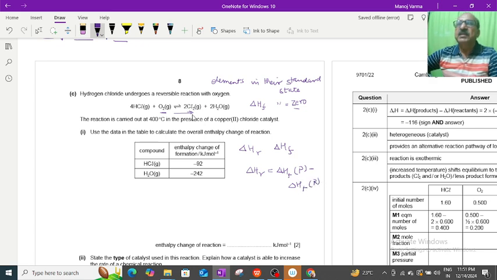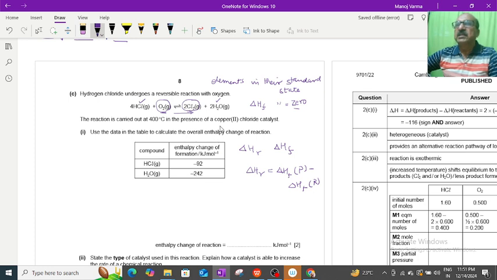Here the products are chlorine and water, but chlorine you can ignore because its enthalpy of formation is 0. Oxygen you can also ignore, so you only have to worry about the water and the 4HCl, and you have to take the value from here.